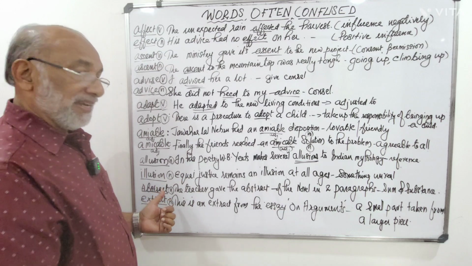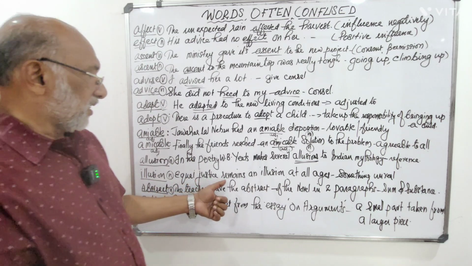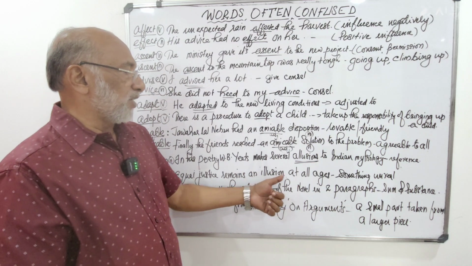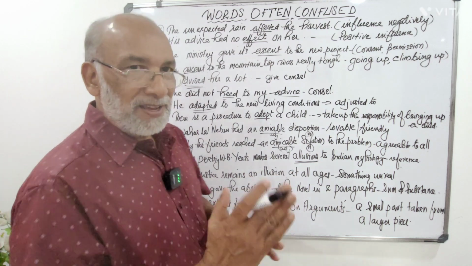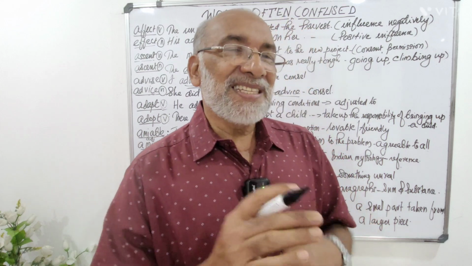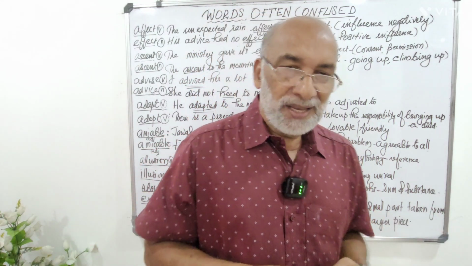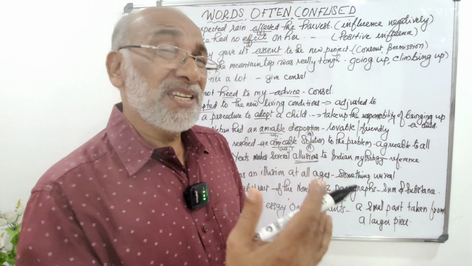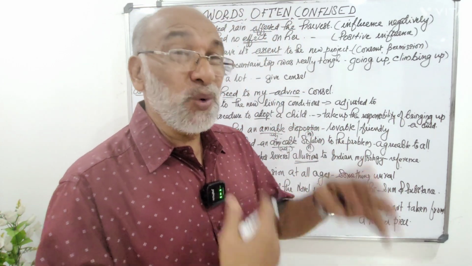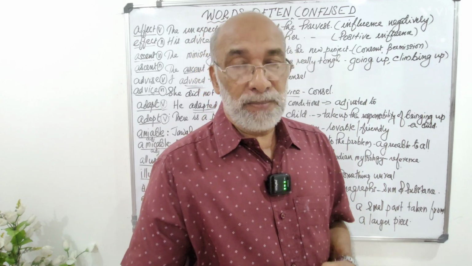And what about illusion? Both are nouns. Equal justice remains an illusion at all ages. These days, controversial discussions are going on in the film industry. It's a question of justice, equal justice to men and women.